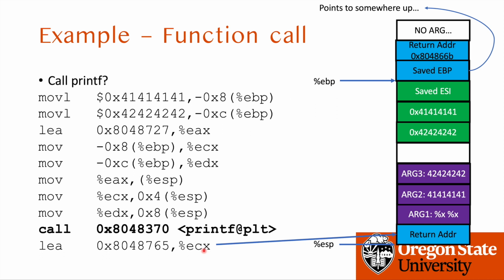So this is how the x86 ABI, application binary interface, supports using the stack to support the nested control flow change. So even if we change the control flow to printf, when it returns, it will return to this address.